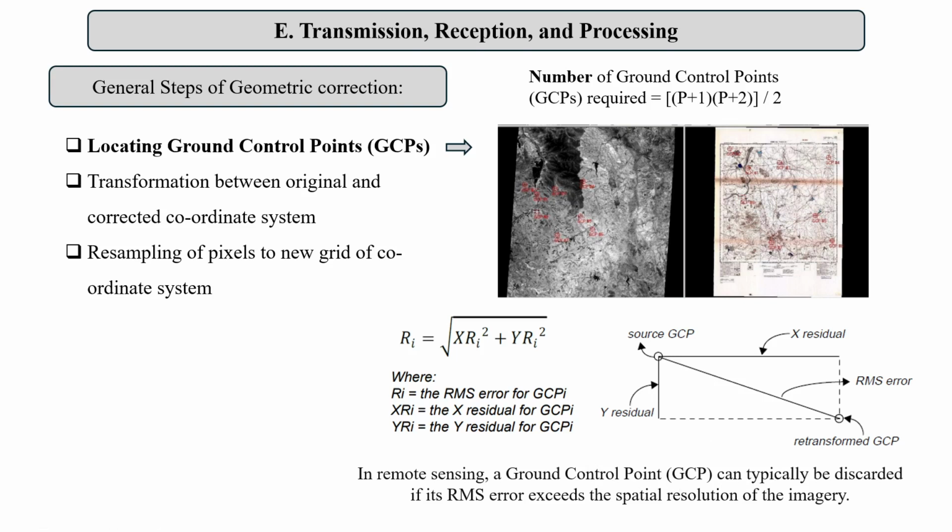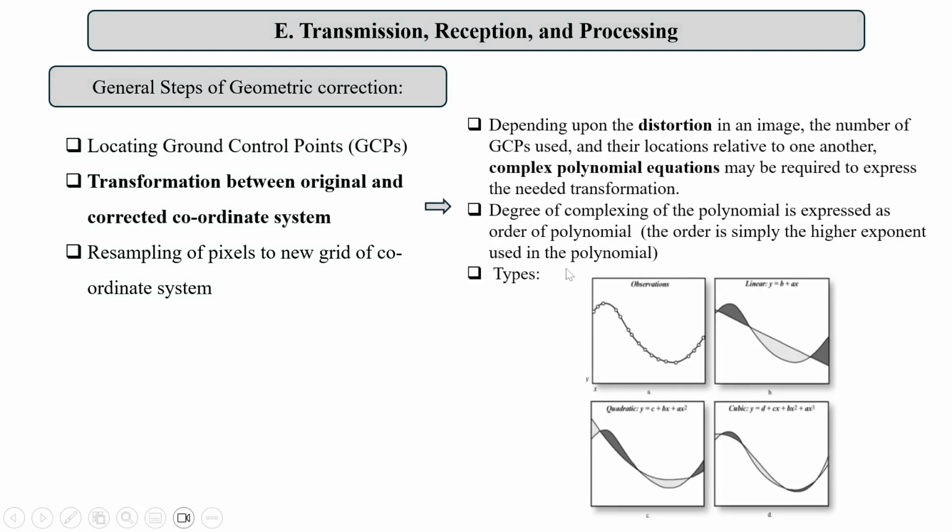Okay. So the first step is you should choose some ground control points, and then some calculation goes on in the software, based on which type of transformation you want to do, whether linear or polynomial.